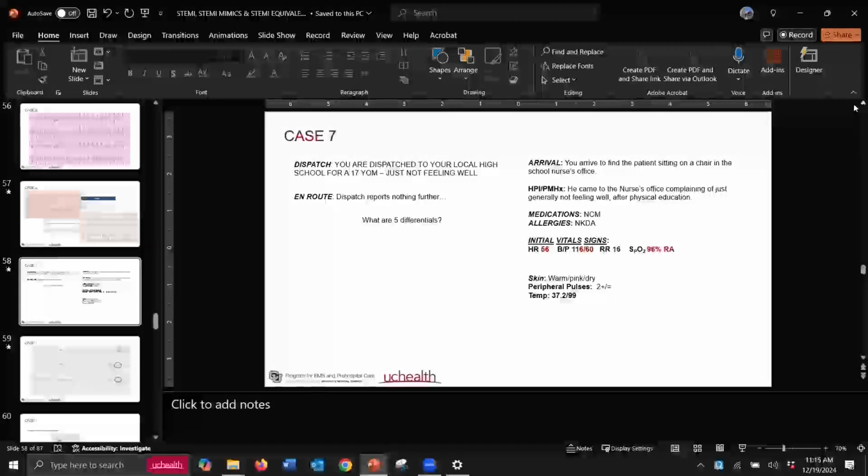He has no current medications, no known drug allergies, a heart rate of 56, a blood pressure of 116/60, a respiratory rate of 16, and a room air saturation of 96%. Good peripheral pulses and a good temp. That's his heart rate after PE.